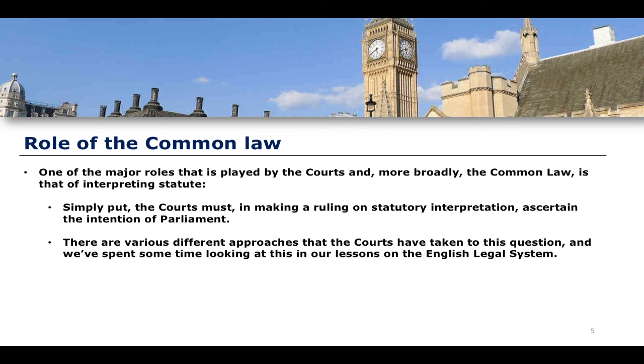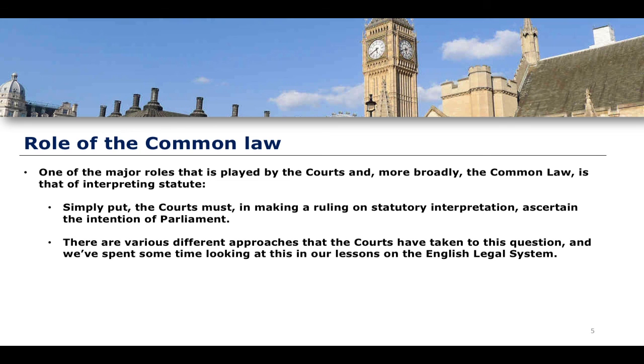There are various different approaches by which the court can answer the question of how Parliament's intentions can be inferred through the wording of the legislation they have created, some of which we have looked at when we discussed the English legal system.